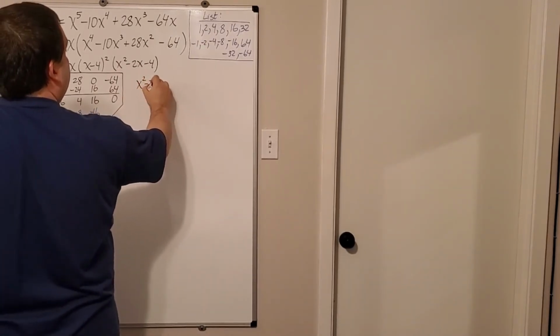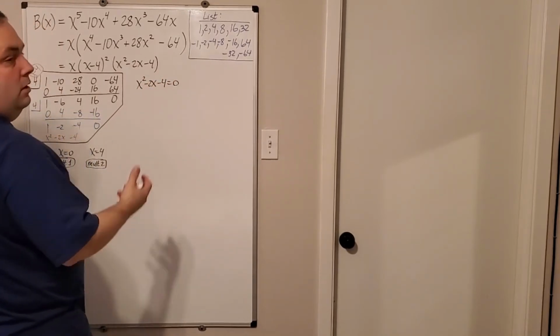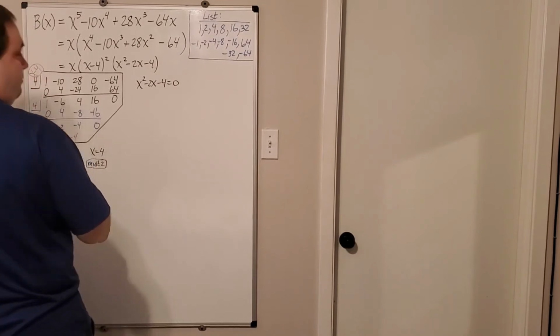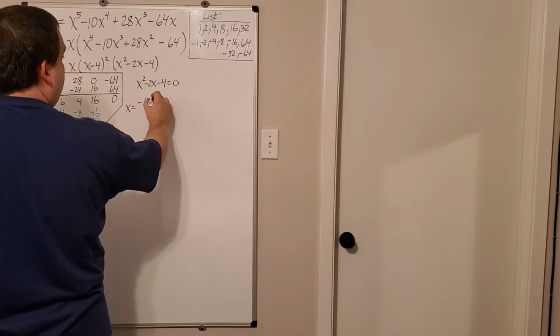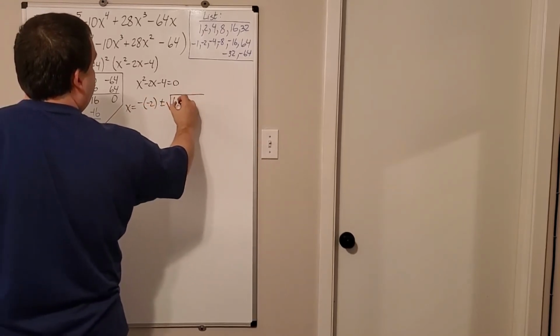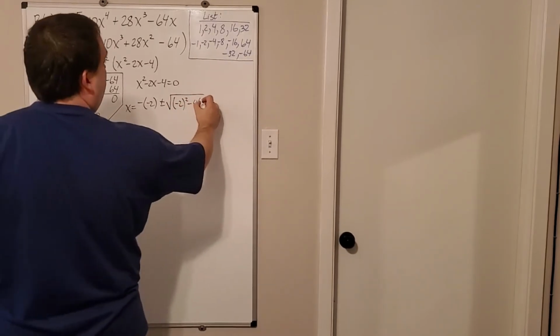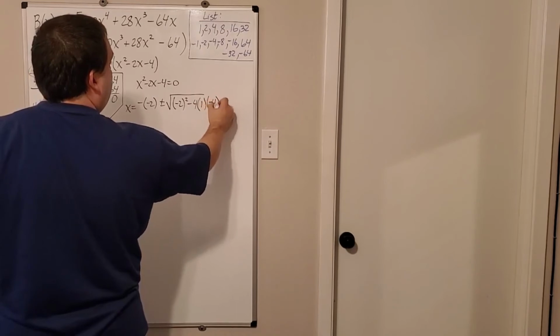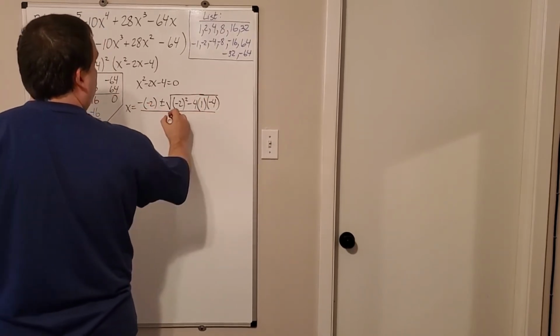Okay, so next I'll need to solve this: x squared minus 2x minus 4 equals 0, which is going to require the quadratic formula. So I'll just solve that. x equals negative b plus or minus the square root of b squared minus 4ac, all over 2a.